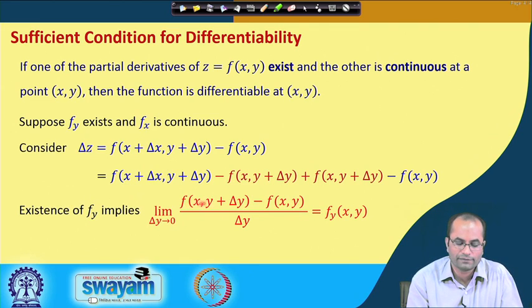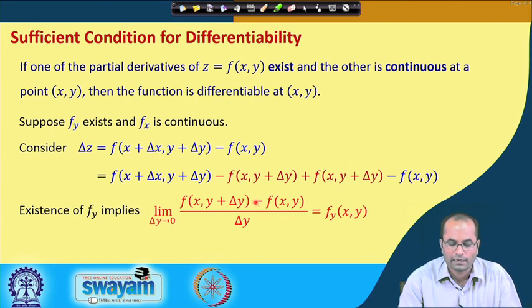That means we make an increment in y, take f(x, y plus delta y) minus the function value at that point, divided by this increment delta y, and take the limit as delta y tends to zero. That is the meaning of the existence of f_y, that this partial derivative exists. So, this is equal to f_y.